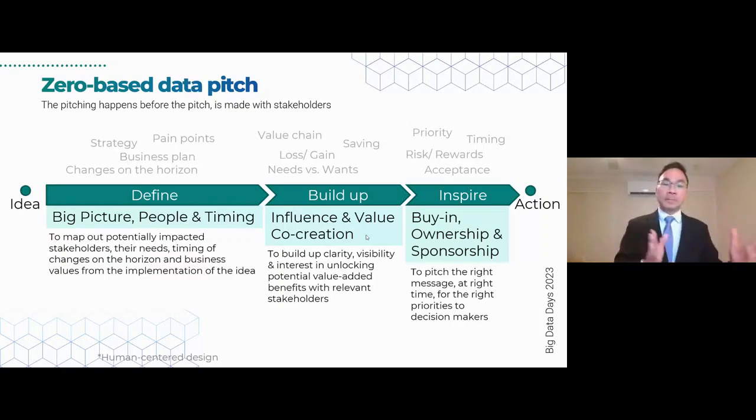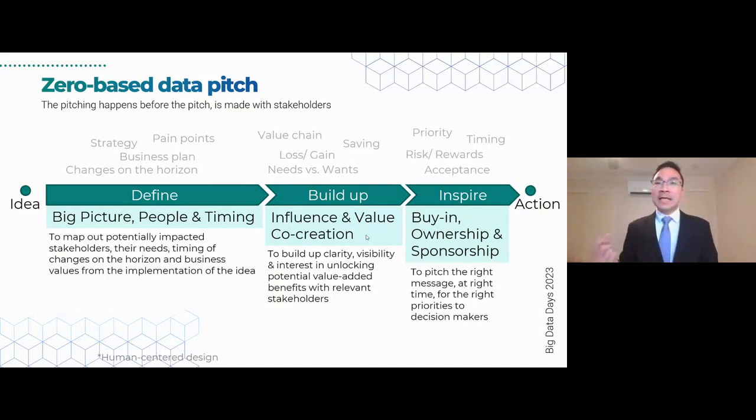Then before we talk to executives and gain the buy-in and support, it is about the build-up of influence and value co-creation. I would say 9 out of 10 initiatives presented to executives bubble up under the surface, to the point where the team believes they have all the answers and all the facts, and then they present it to senior leaders for endorsement.